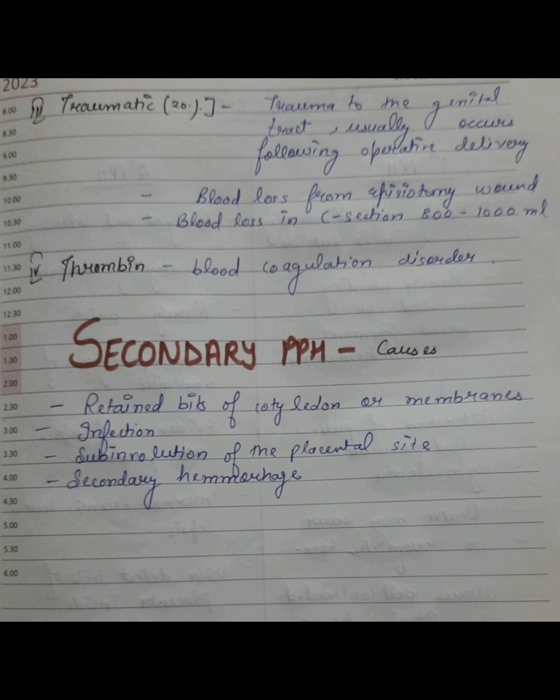In that case, if any delay is present in the healing process, that is why secondary PPH can occur, right. Secondary hemorrhage can be from a cesarean section wound, which usually occurs between the 10th and 14th day, right. So these are the main secondary PPH causes.